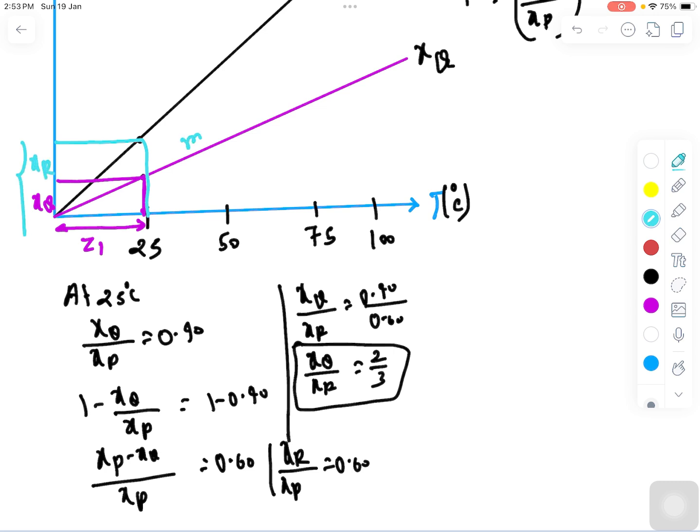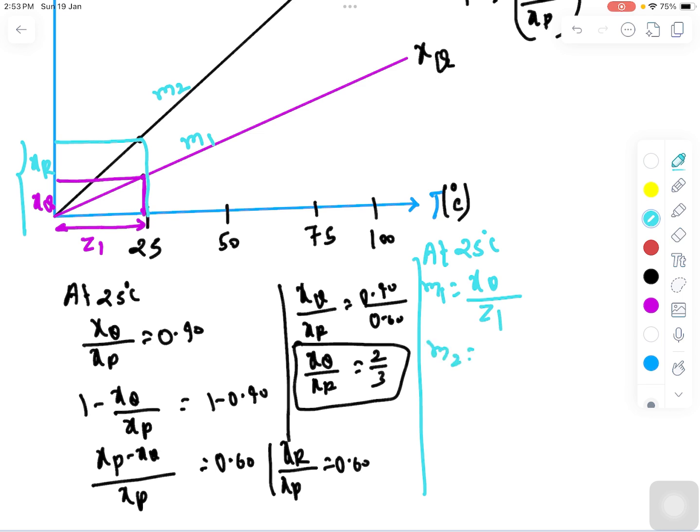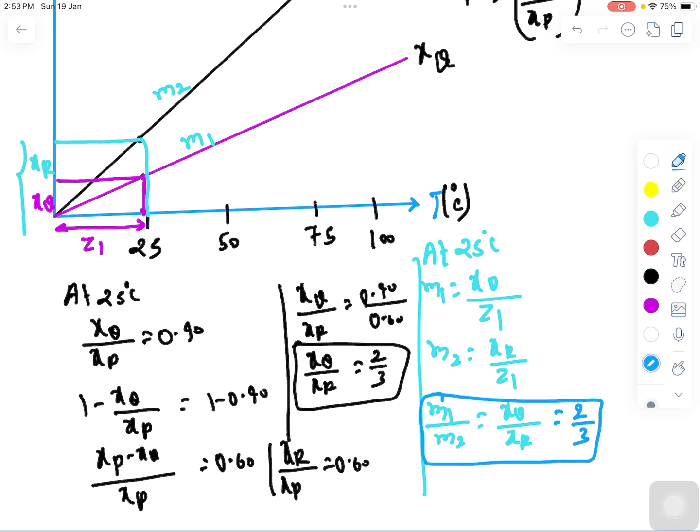Let the slope of this line be m1 and the slope of this line be m2. At 25 degrees centigrade, m1 is equal to XQ divided by Z1, and m2 is equal to XR divided by Z1. So m1 by m2 is equal to XQ divided by XR, which is 2 by 3.